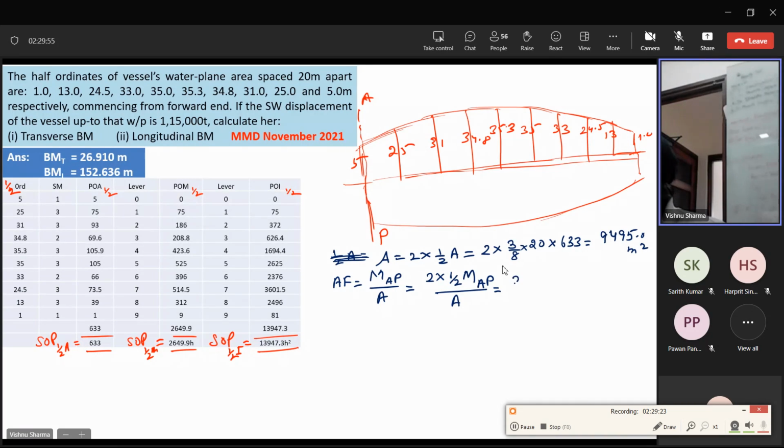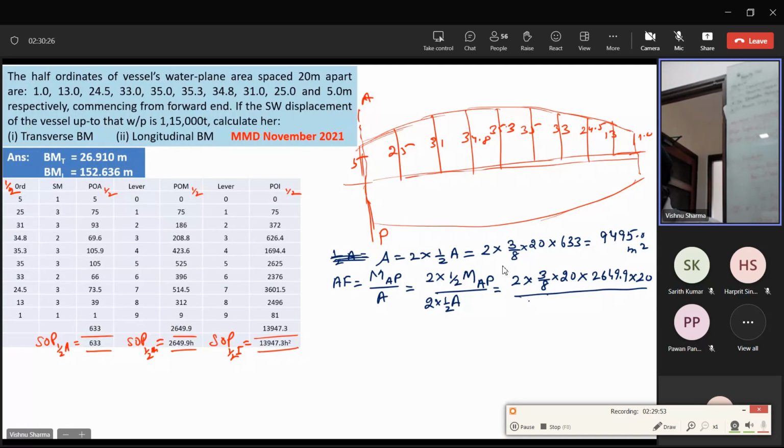So this is equal to 2 into half moment, which will be 3 by 8 into common interval 20 into SOP half moment 2649.9 into H. So this last 20 is for H, divided by area, that will be 2 into half area.